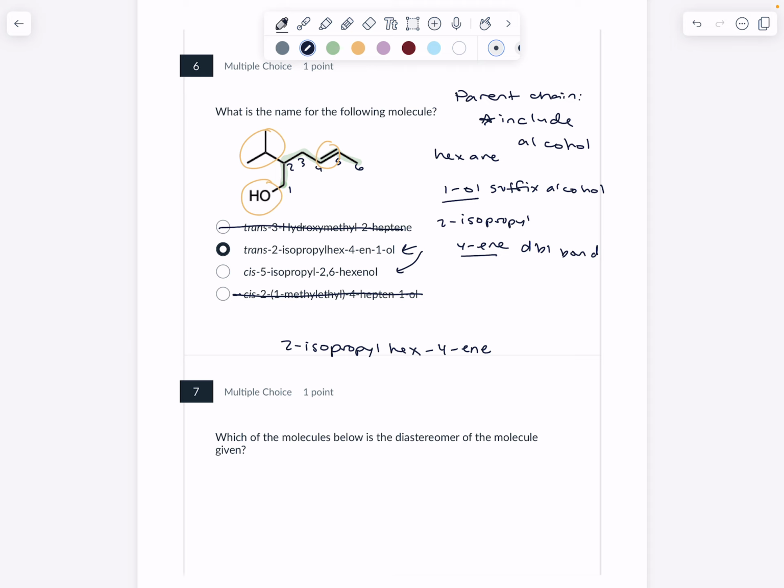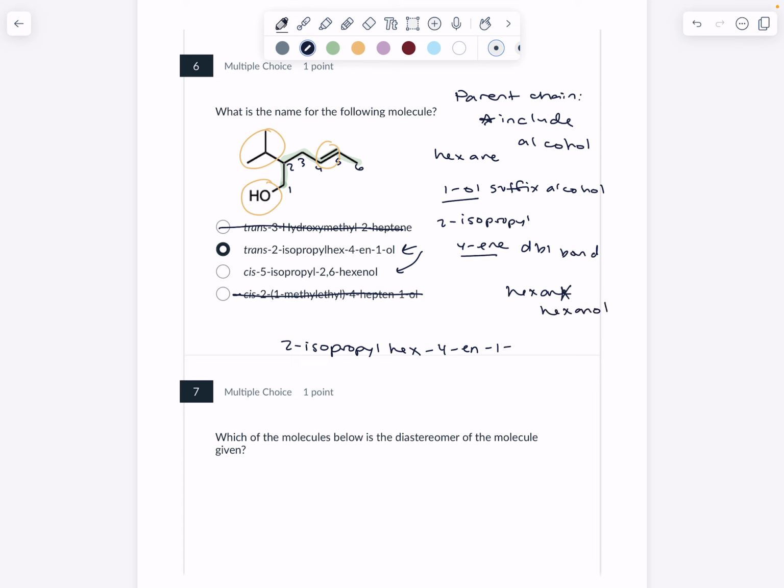Is it because it's also alphabetical? No, it's actually because it's the higher priority. So when you get to the end, you put the lower priority first, and the highest priority goes at the very end of the chain. So 4-ene, and then I drop the E because that's how we do our suffix for alcohol. Normally if it was hexane, we would get rid of that and call it hexanol.